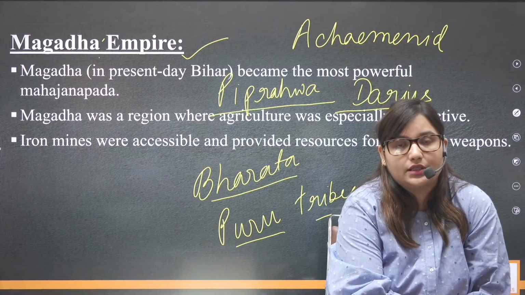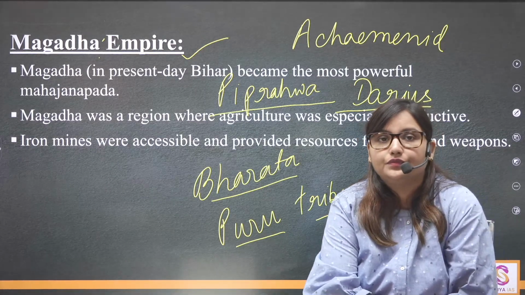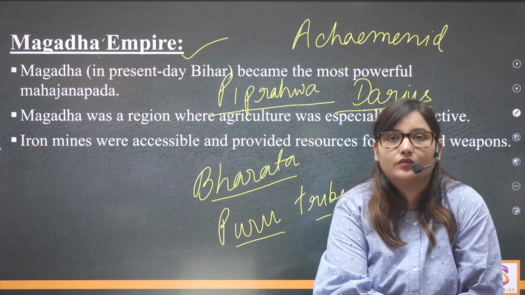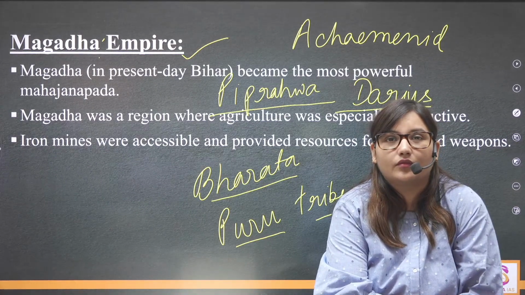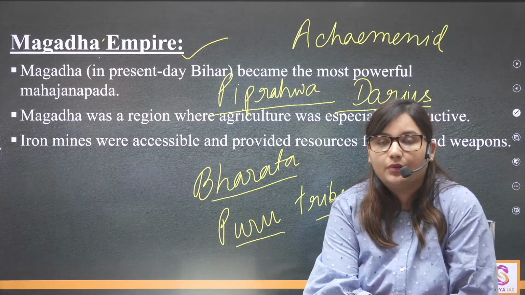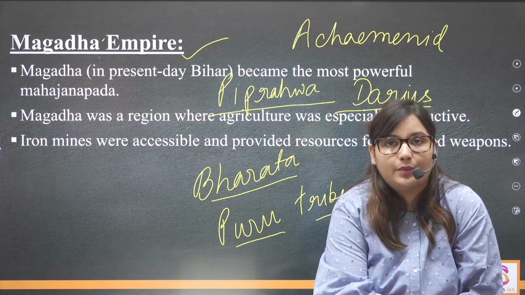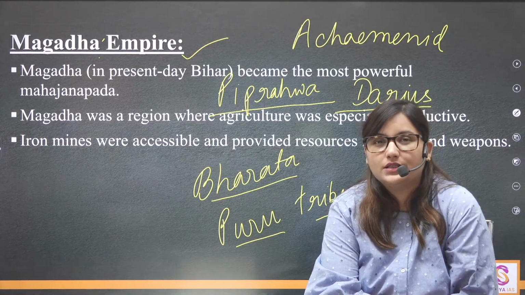The sixth Mahajanpad, Mallas. The capitals of the Mallas were Kushinara and Pava.